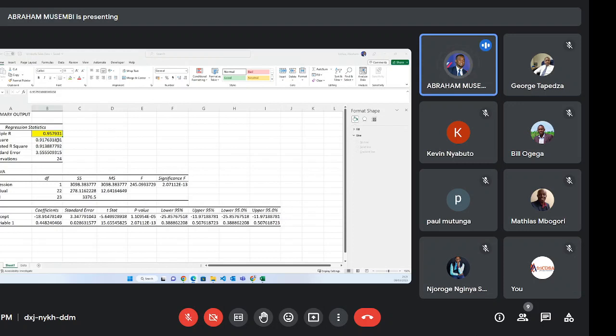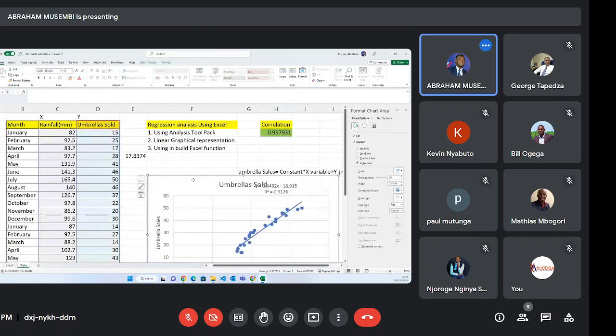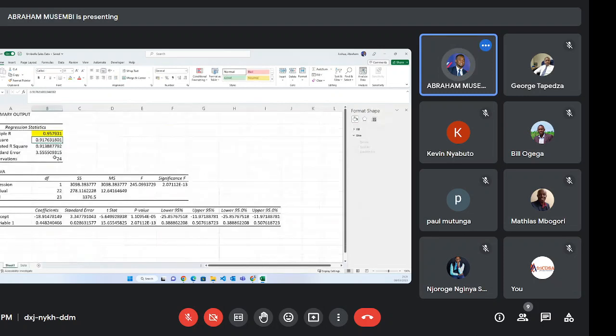All right. What about the R square? You can see the R square here, or the coefficient of determination. Let me just enlarge my graph. You can see we have the same value here. The R squared value is the same as this value, the coefficient of determination, which is showing us the goodness of fit of our line.